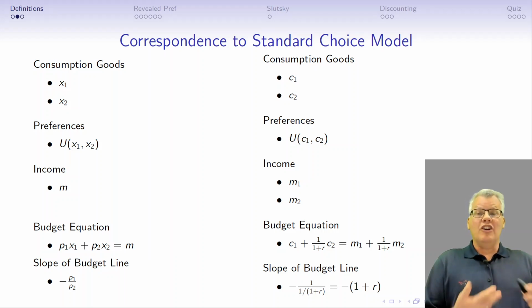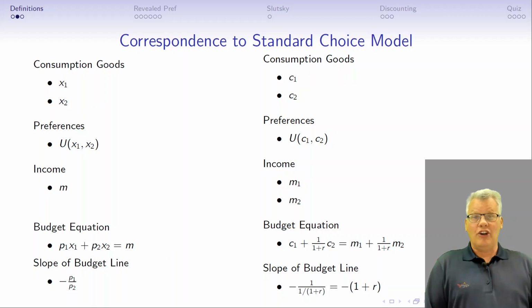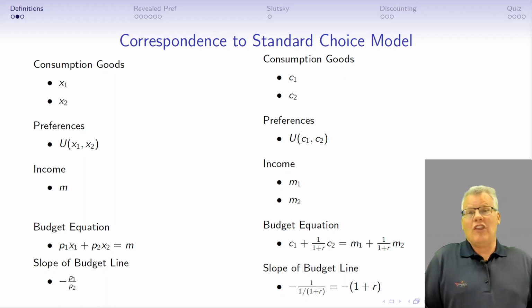In the world of intertemporal choice, the consumption goods now become consumption in time period 1 and consumption in time period 2. You could think of these as aggregate amounts to spend within each time period. And then presumably those consumption amounts would break down into the various consumption goods that were chosen in each time period.